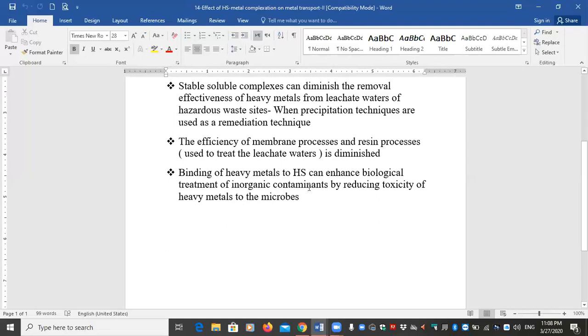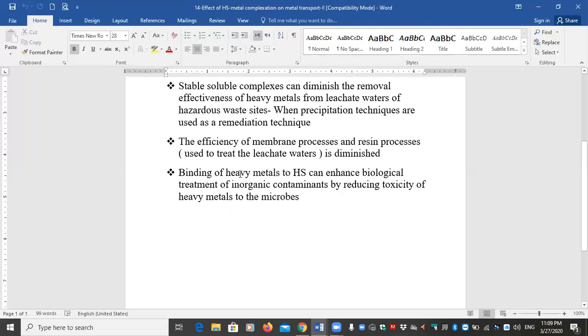We have inorganic contaminants, and we want to treat them by natural microbes.